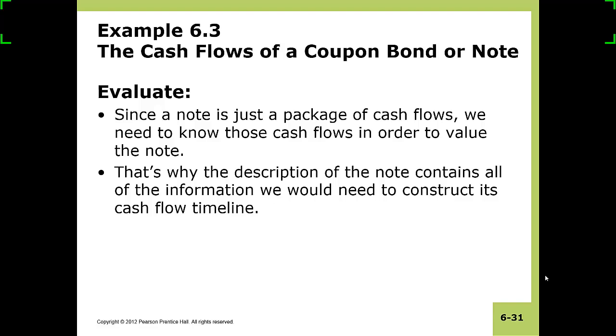Basically it's just a package of cash flows. It's an annuity, if you think of it that way, but then there's also a future value with that. So there's a present value, there is a payment, and then there's future value. Keep that in mind when we're dealing with bonds or notes of these kinds.